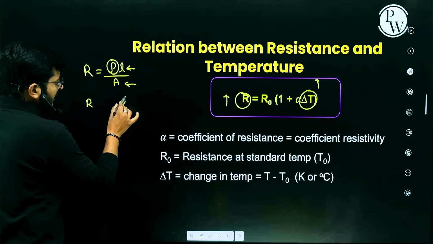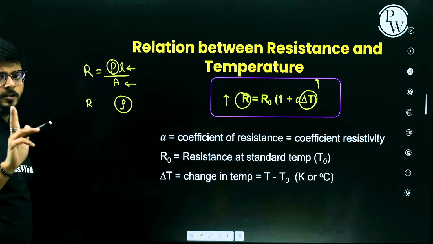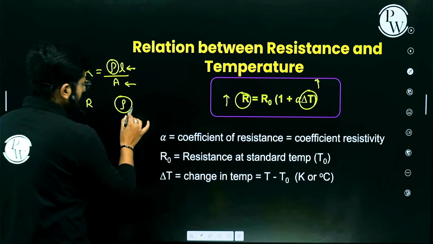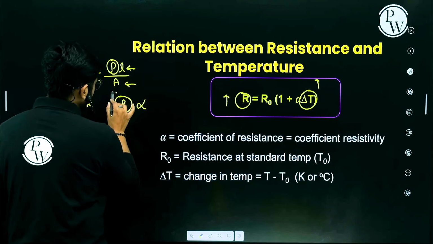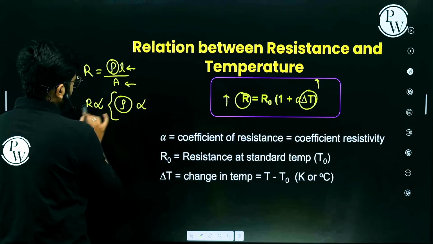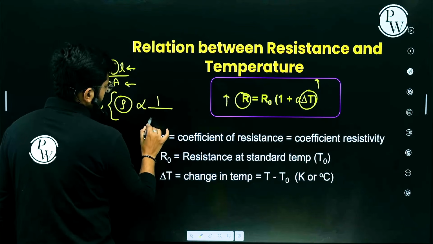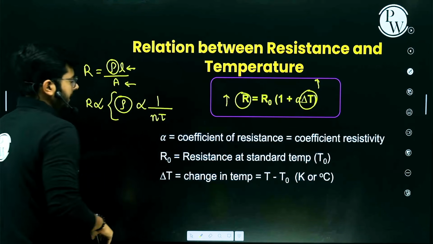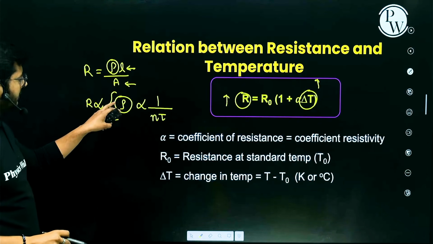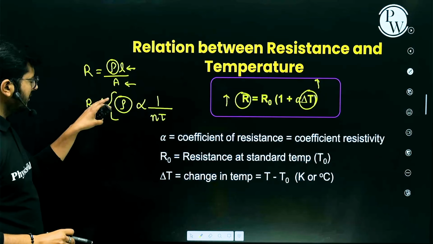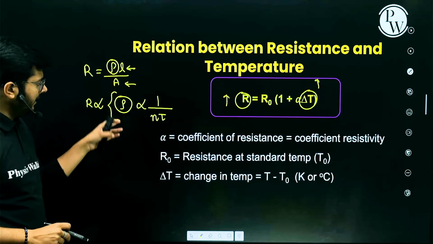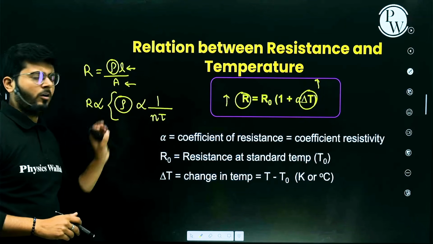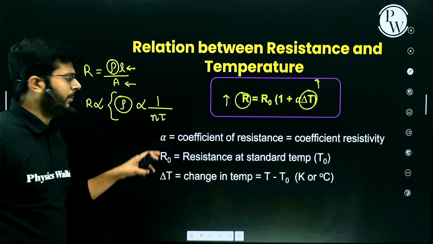And rho depends on two things. The resistivity of a material is inversely related to how many electrons are available, how many charged particles are available per unit volume.